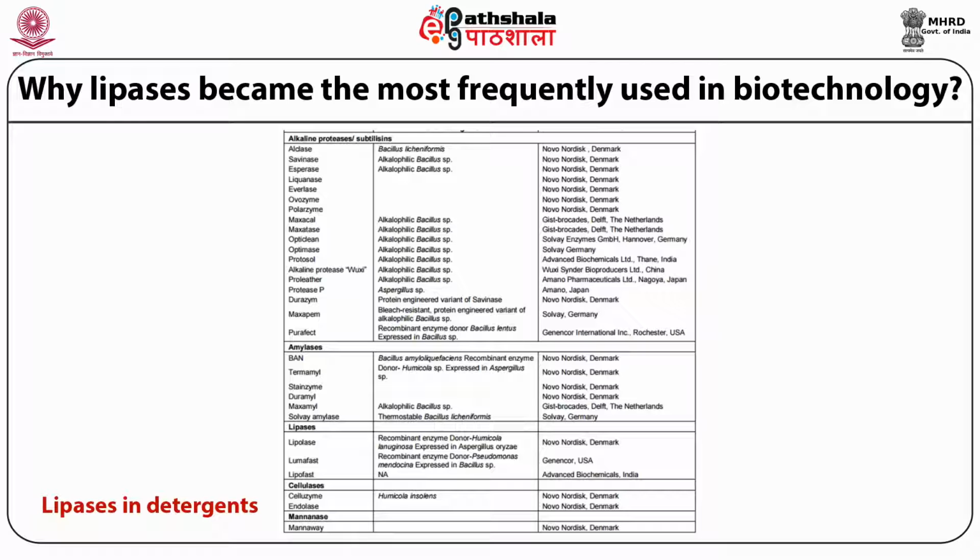The function of the enzyme is to create fragments of the dirt or stains by hydrolysis so that the other surfactants present in the detergent can take over and do the chemical cleaning. Hence, it is obvious that hydrolases constitute the class of the enzymes which were and are added to the detergents.